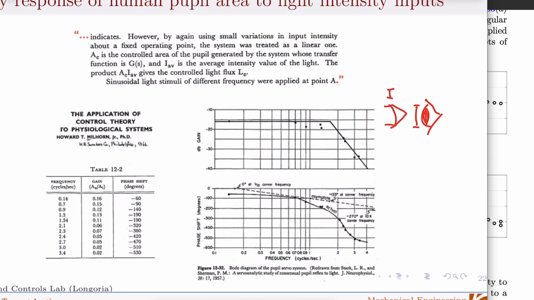So the transfer function is something like area over intensity, again as a function of frequency, right? Pretty neat application. You can see here the area gain, and then there's phase shift, and they measured data across the frequency range of interest to understand how the human eye pupil is responding.